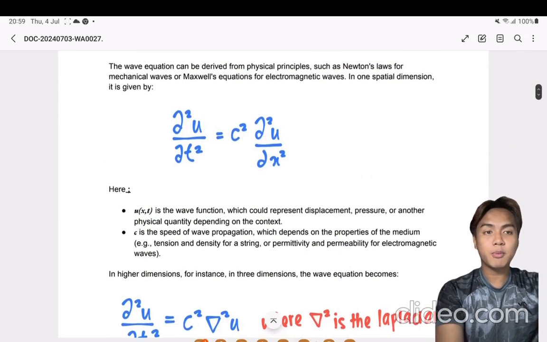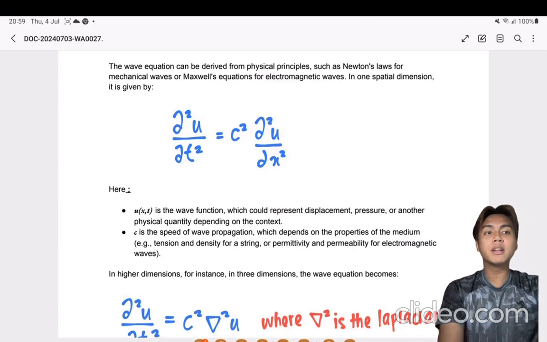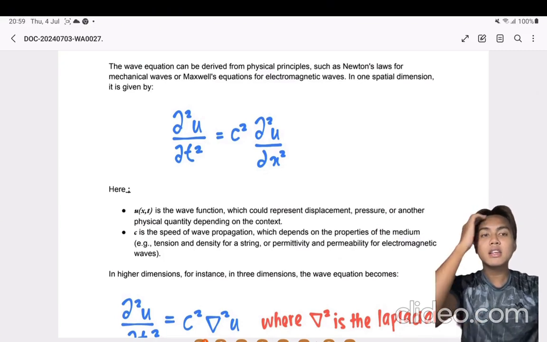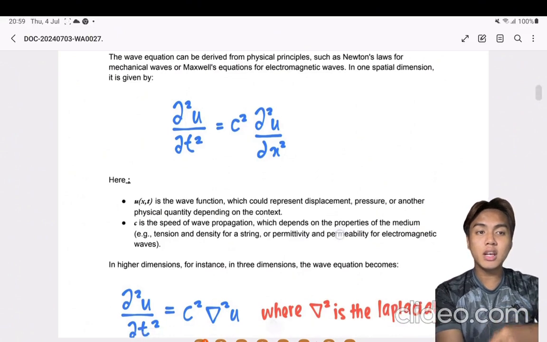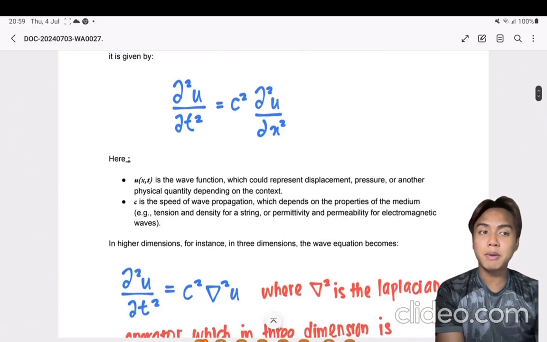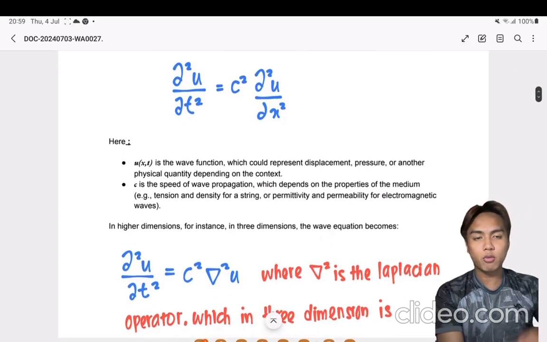C is the speed of propagation which depends on the properties of the medium, such as tension and density for a string or permittivity and permeability for electromagnetic waves.